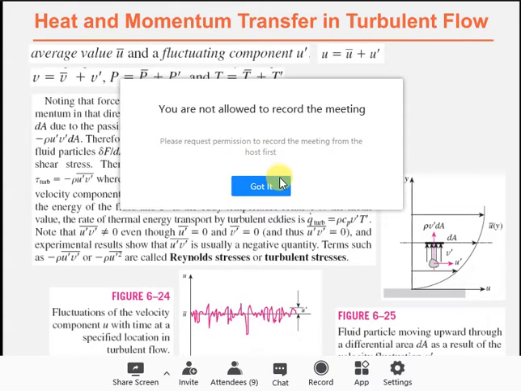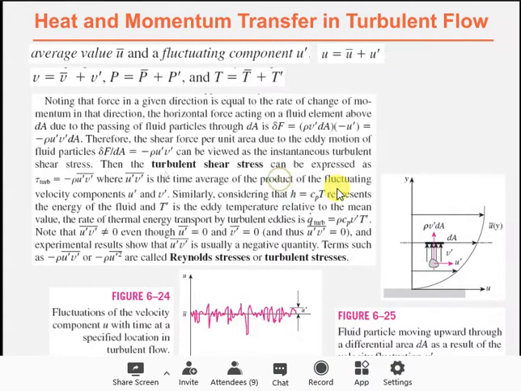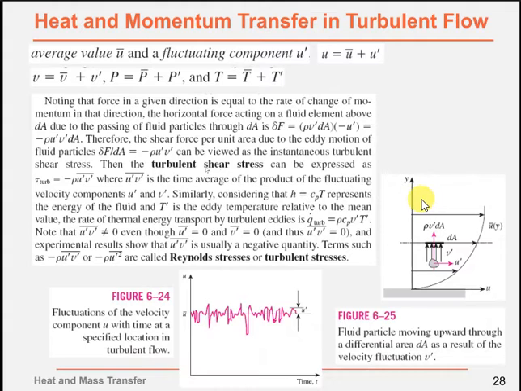And in our calculation, we name a turbulent shear stress like this. This is the turbulent shear stress. This is density rho times the fluctuating components u' and v'. This is the time average of the product of the fluctuating velocity components u' and v'.